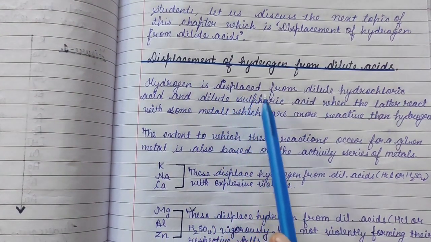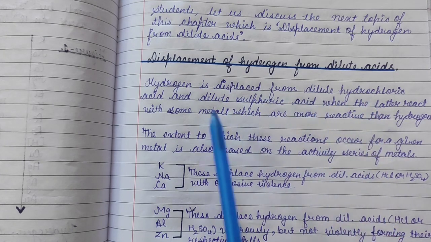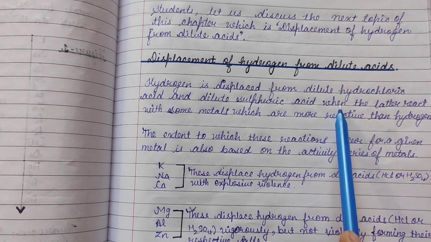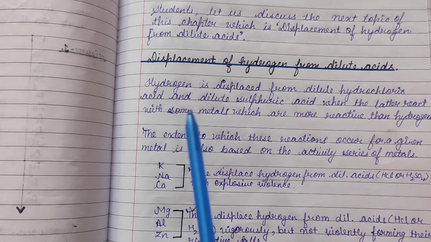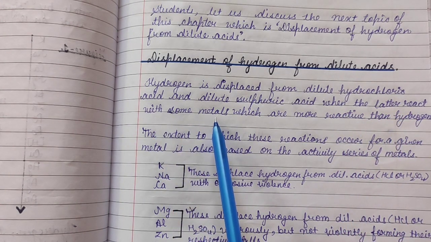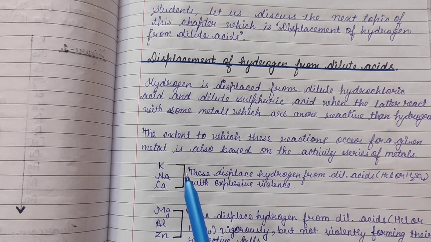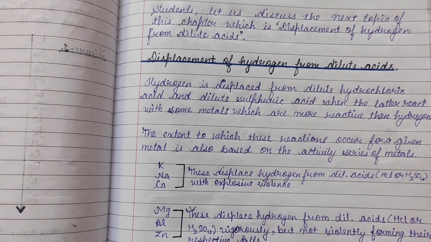Hydrogen is displaced from dilute hydrochloric acid and dilute sulfuric acid when the latter react with some metals which are more reactive than hydrogen. The extent to which these reactions occur for a given metal is also based on the activity series of metals.